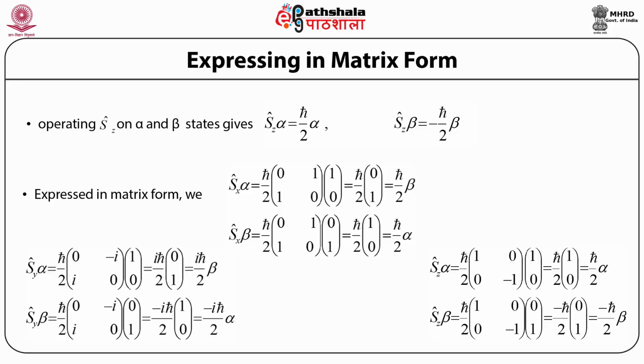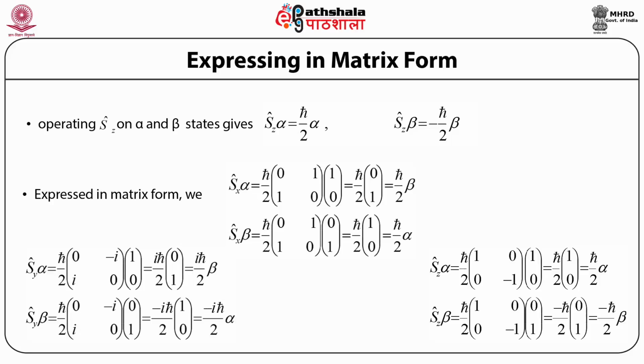Here what is very important to note is that when we tried to find the eigenstates, the 2 cross 2 matrix that occurred for the x component is the first of the Pauli spin matrices.